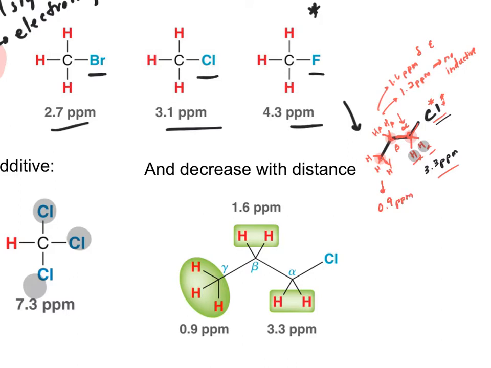The purpose of this is that the alpha position feels the full effect of the electron withdrawing group, whereas the beta position only feels about 1/5 of the effect of the alpha position. That will make a little more sense in a second. And when we get out to gamma, there is no more effect.